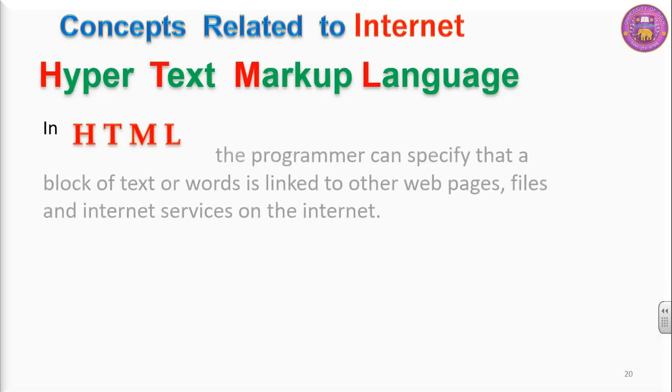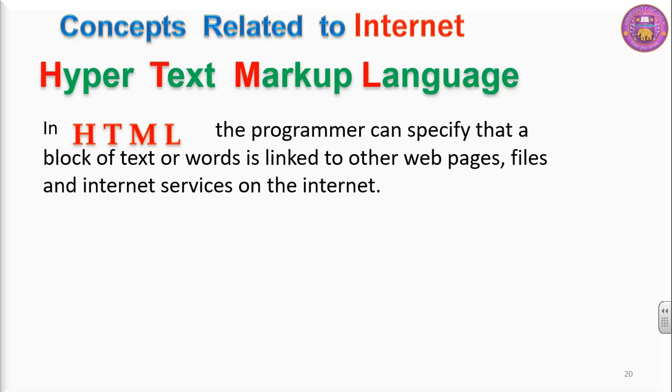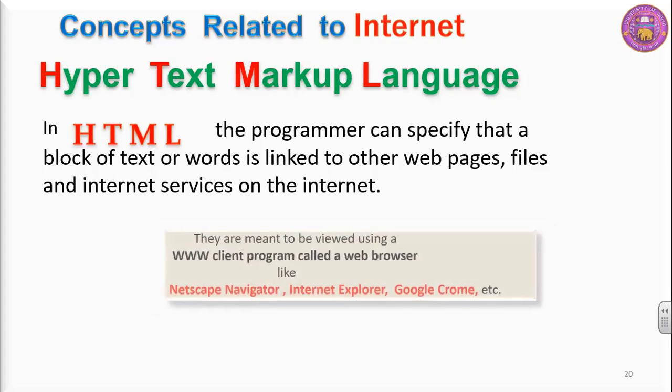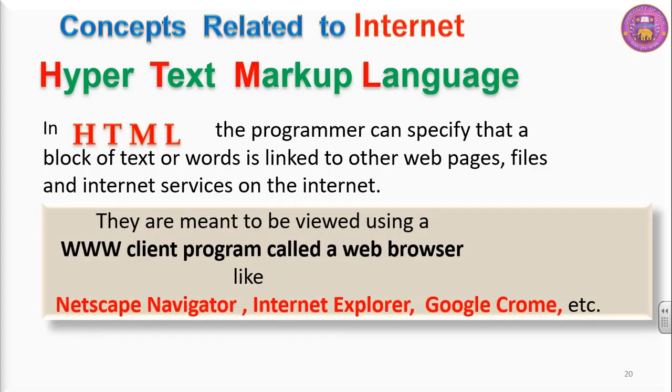In HTML, the programmer can specify that a block of text or word is linked to other web pages, files, and internet services on the internet. They are meant to be viewed using a www client program called a web browser like Netscape Navigator, Internet Explorer, Google Chrome, etc.